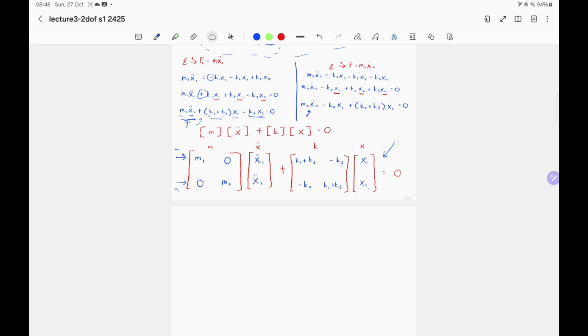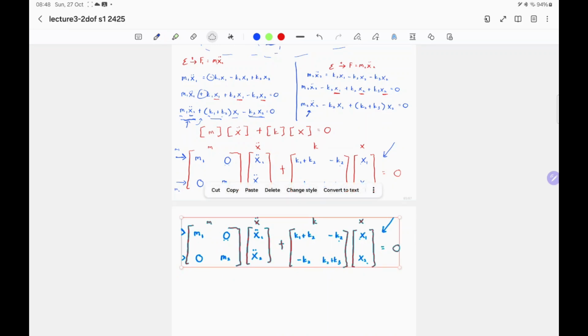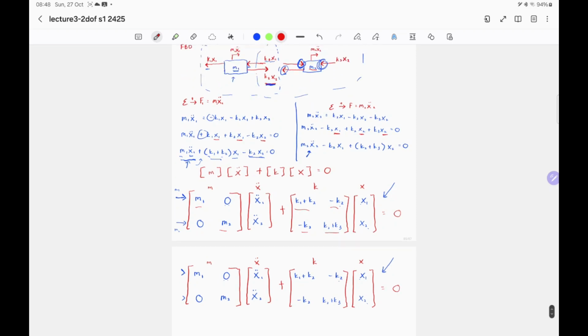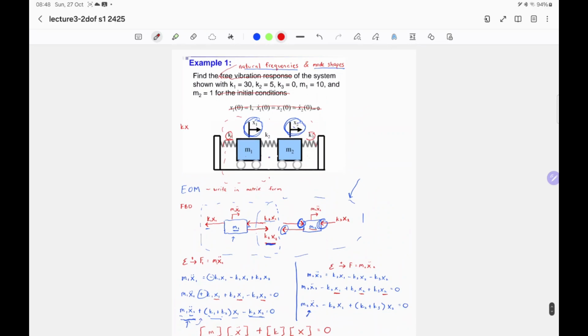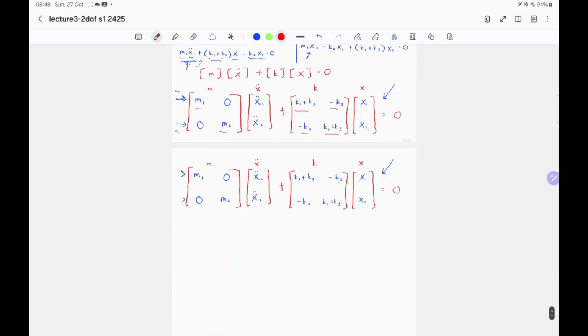So if the question asks you to put in all the known values, what you need to do is replace all the known values of mass 1, mass 2, K1 plus K2, negative K2, negative K2, K2 plus K3. We get all those values from the question. The question already gives us the values of those.